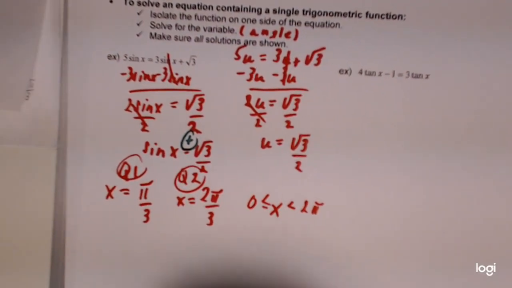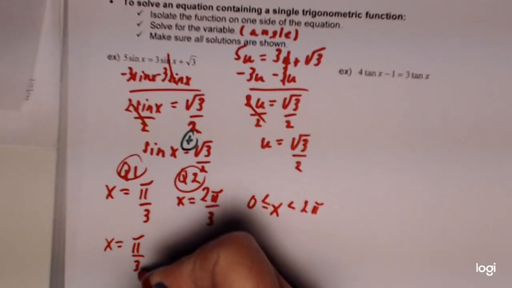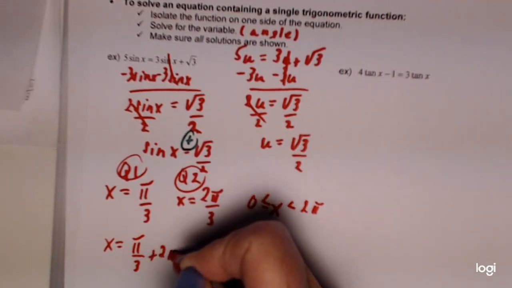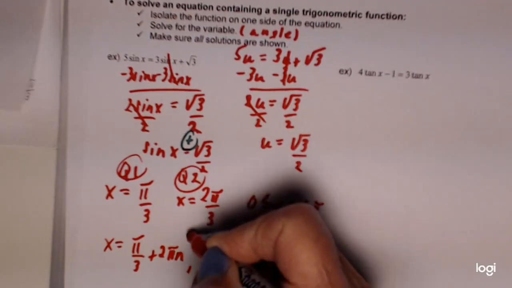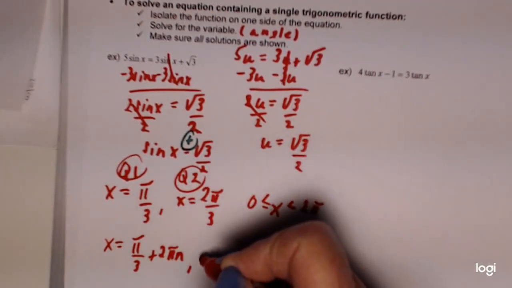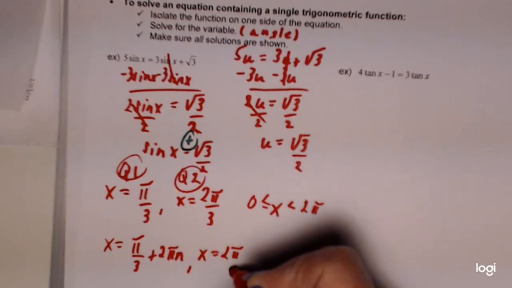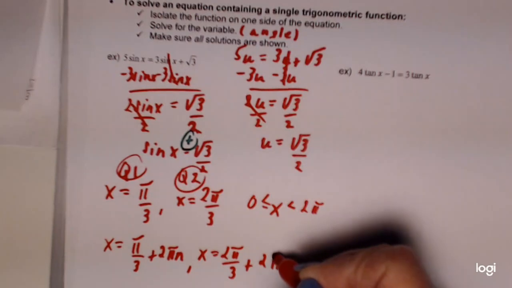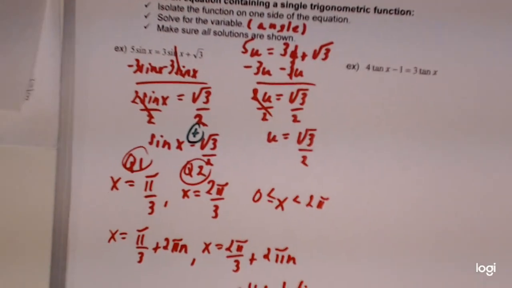So in order to show all solutions, how I'm going to show that is pi over 3, our angle from Q1, plus 2 pi n. And now for this, let me put commas here and make it fancy. For this solution, it's going to be x is equal to 2 pi over 3, and again, plus this 2 pi n. And this is going to be all solutions.